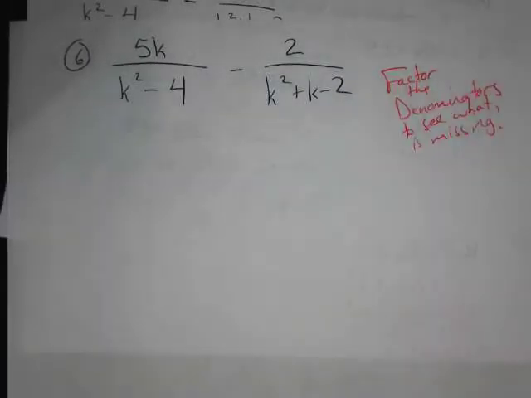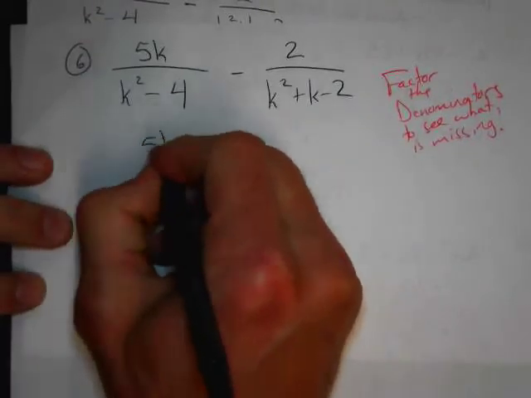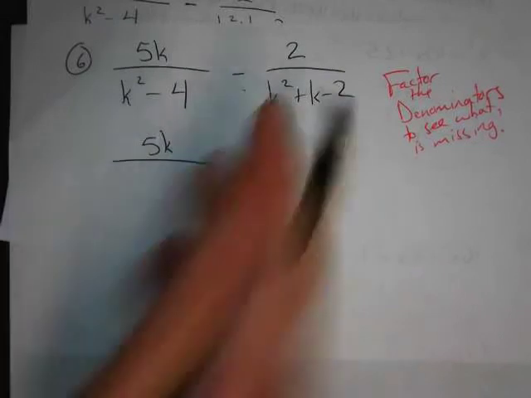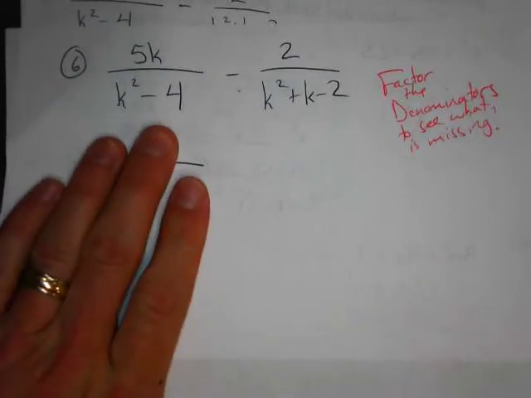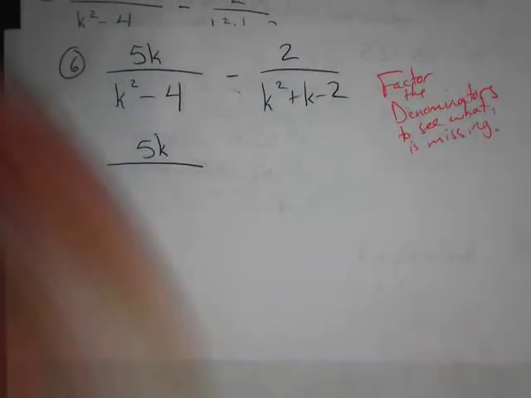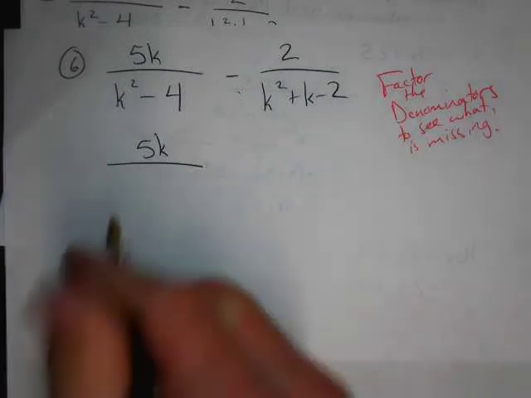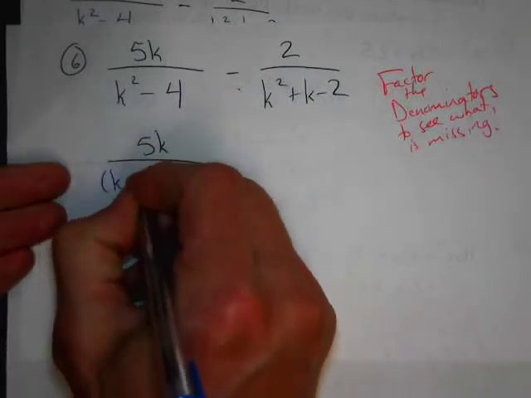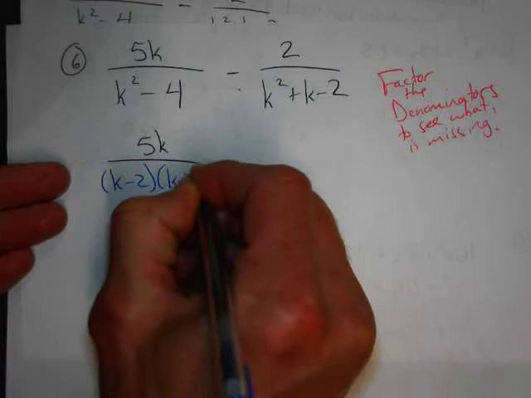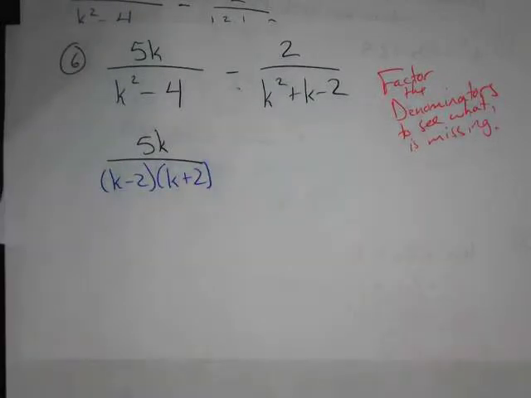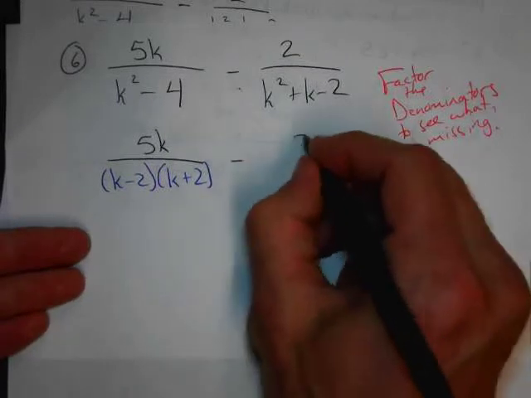Such a neat note. Okay, so in the first number, my numerator stays the same. What's the deal with my denominator? Can I factor this denominator? Yes, I can. You best recognize that is a difference of squares. Therefore, it factors into conjugates. Okay, so I factored my first denominator. Now I'm going to keep the sign the same for now.